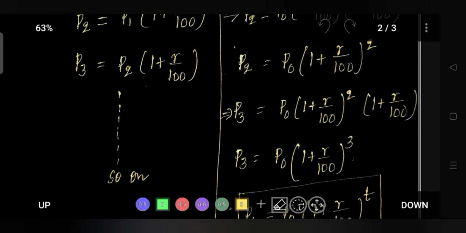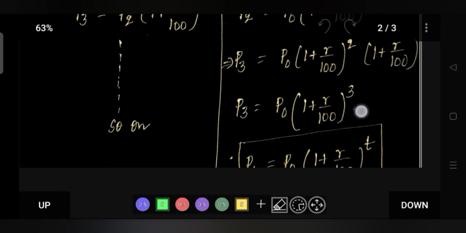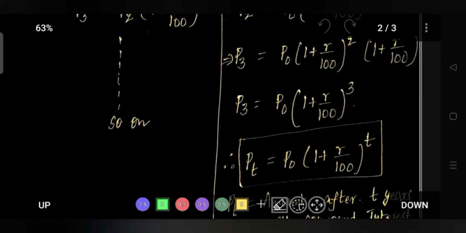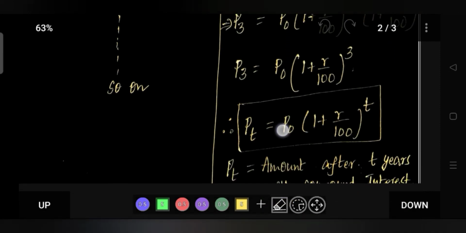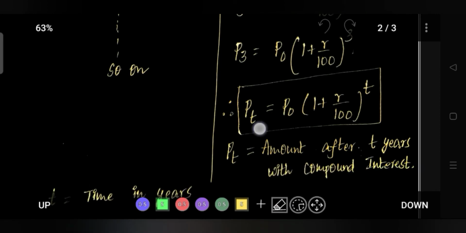So totally it will become P naught times 1 plus R by 100 whole cubed. So in general, after t years the amount will be Pt, which is P naught into 1 plus R by 100 to the power t.